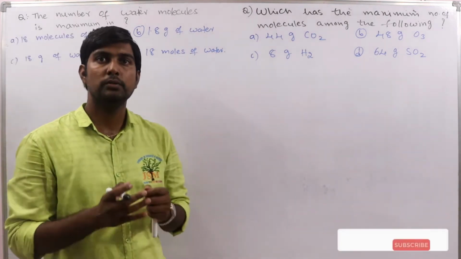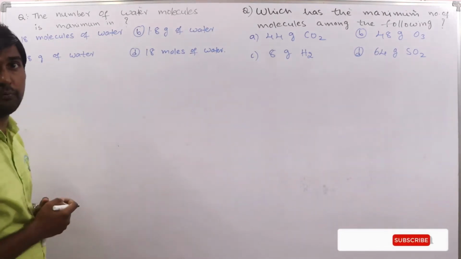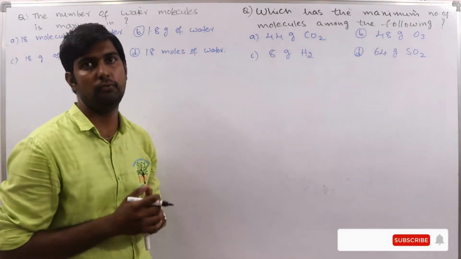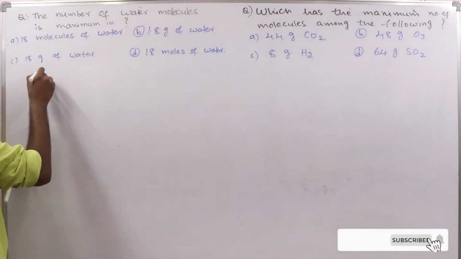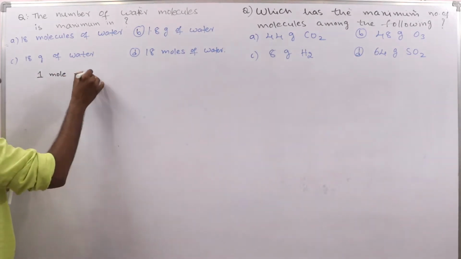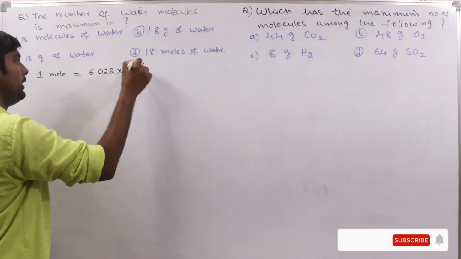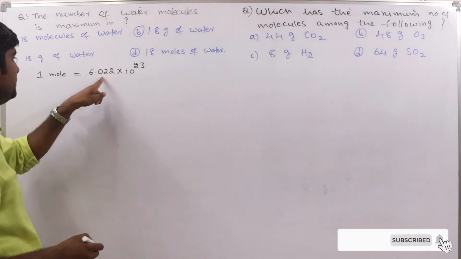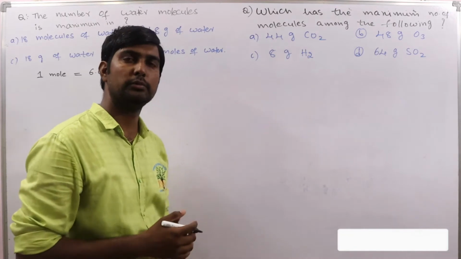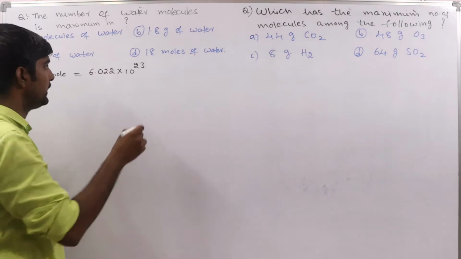First of all, we have to find out how many moles of water are present in every option, because we know that 1 mole of a substance contains 6.022 into 10 power 23 particles, molecules or atoms or any object. In 1 mole, these many particles are present.